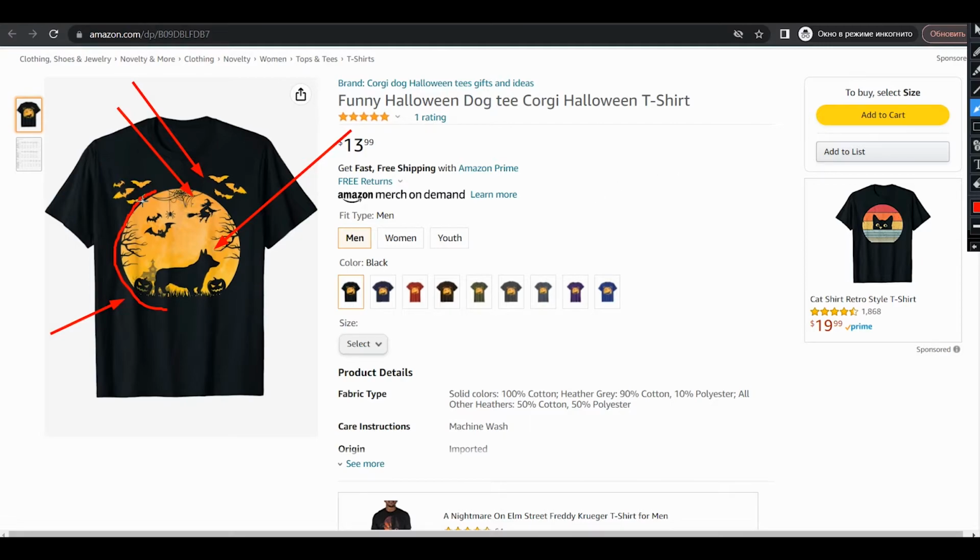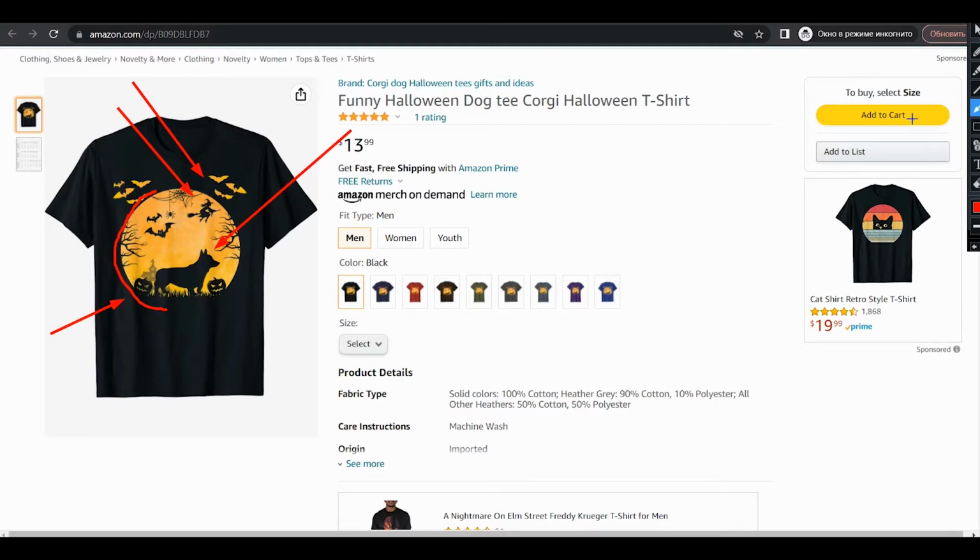Of course, it can be a sun like here and other variants too. It can be a pumpkin in the center, or something else. All basic Halloween elements can be on this shirt design, and the difference will be only this animal or character in the center with this silhouette.